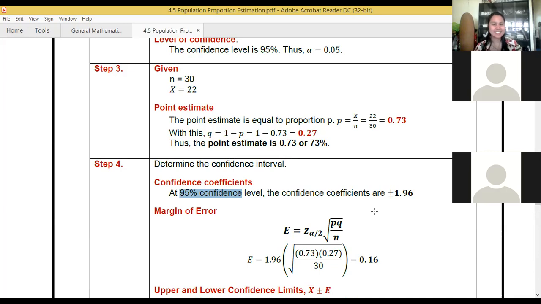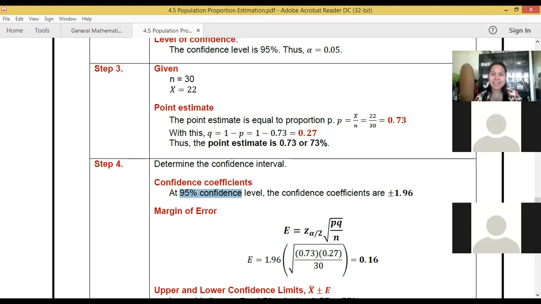No, 90%. 90%? 1.96 is for 95%. 1.64. 1.64, very close. 1 point. Going once, going twice. The answer is 1.65, or the accurate is 1.645. That's very close, Denise.